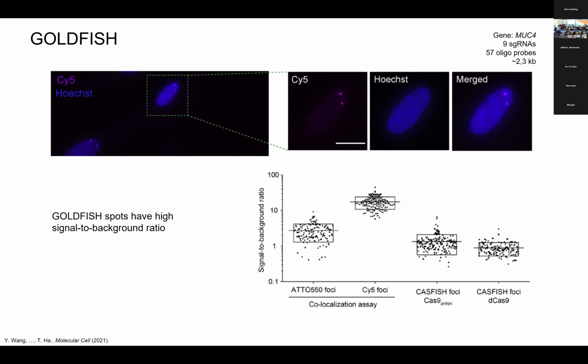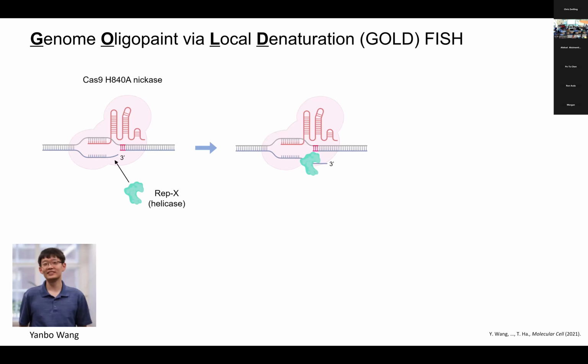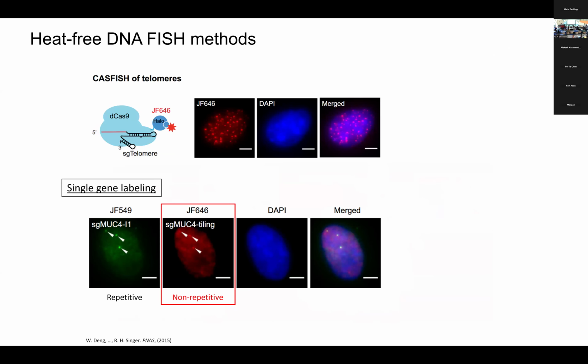So if you put 70, and 70 is too much to ask, why does it not give something comparable to your 60 probes? Because the background is also much higher. In the CAS-FISH? Yes. Why is that? It's the specificity of the guide RNA, right?